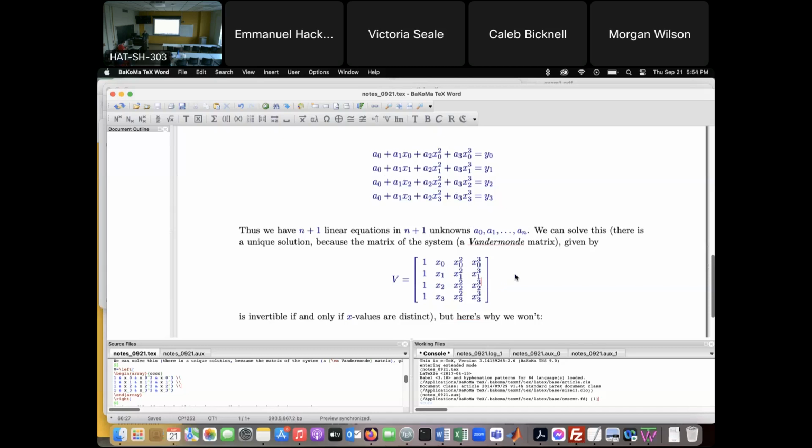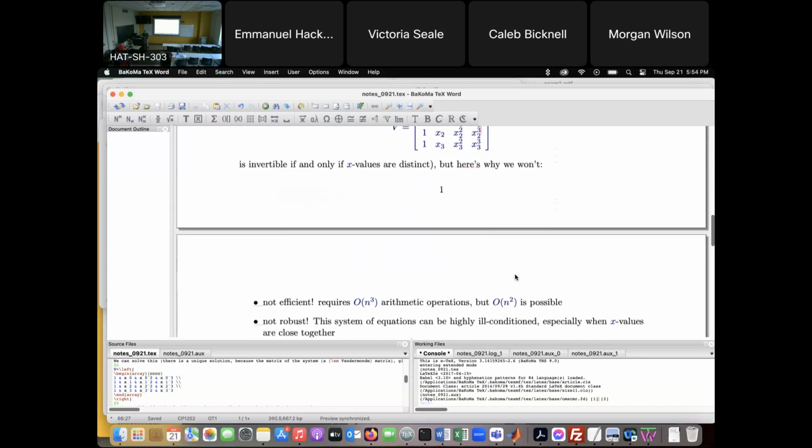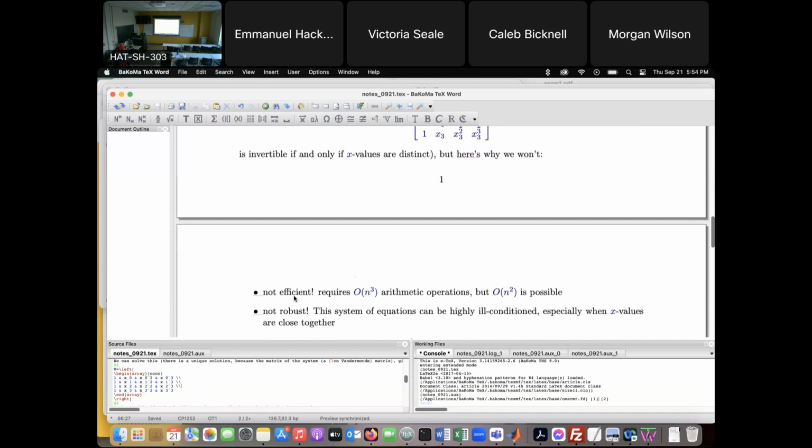I'm about to teach you about better ways to do it. Here are the significant drawbacks of this approach. It's not efficient. Generating a polynomial of degree n by solving this Vandermonde system requires on the order of n cubed arithmetic operations.